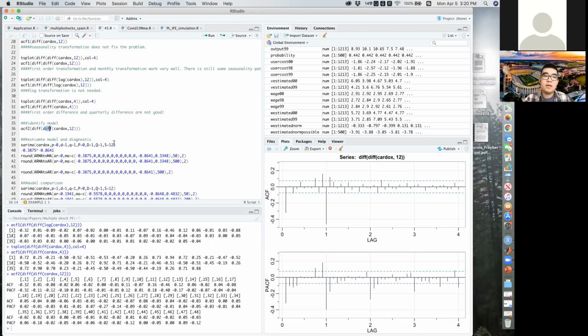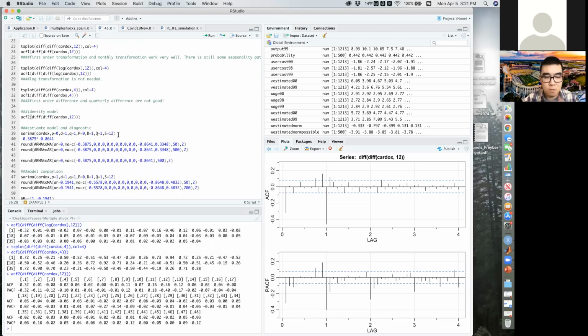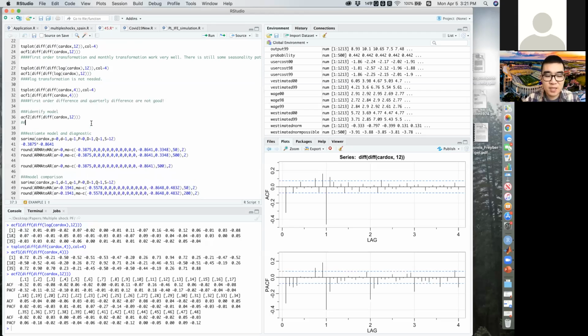So thinking about what model might be a good model to capture this ACF and PACF plot: if you remember our previous class, the ACF and PACF plots suggest a SARIMA (0,1,1) times (0,1,1) with period 12 might be a good starting point.